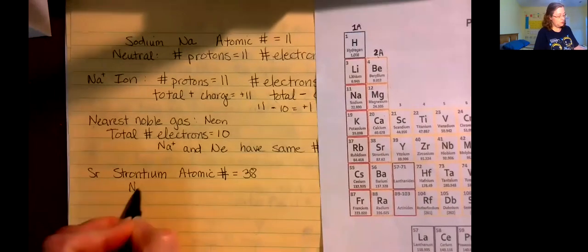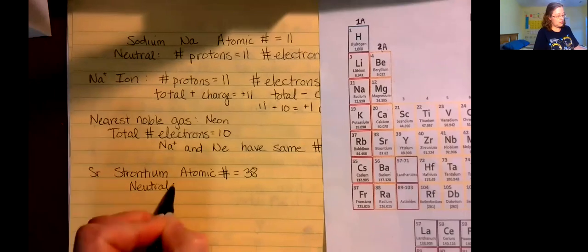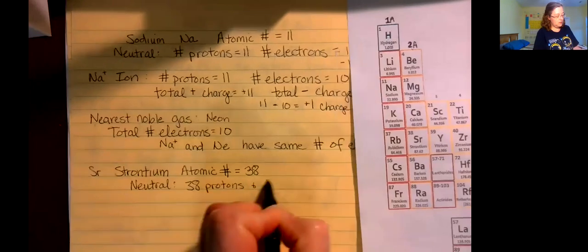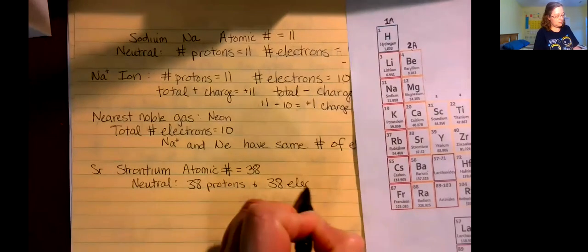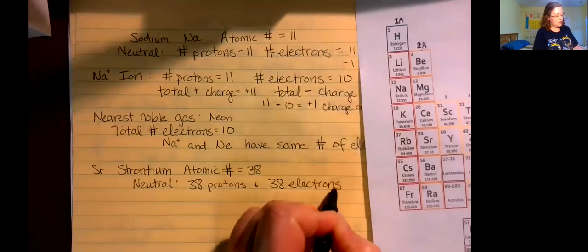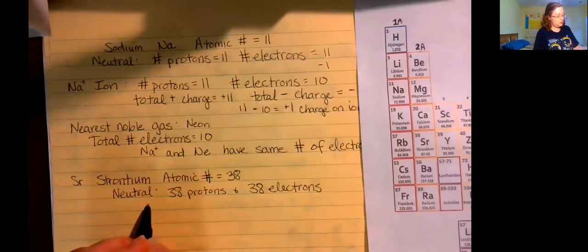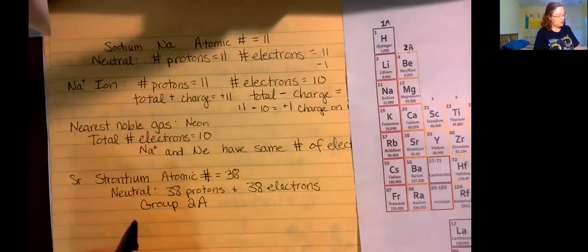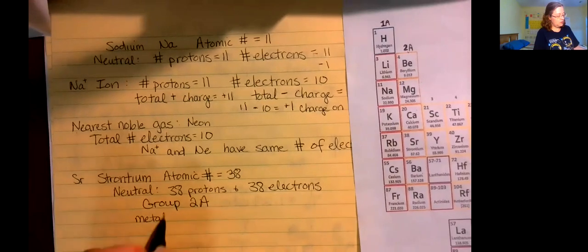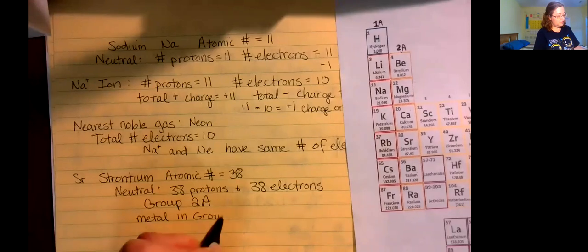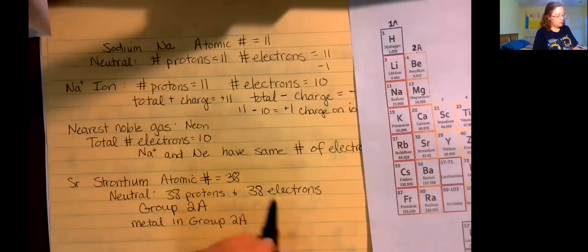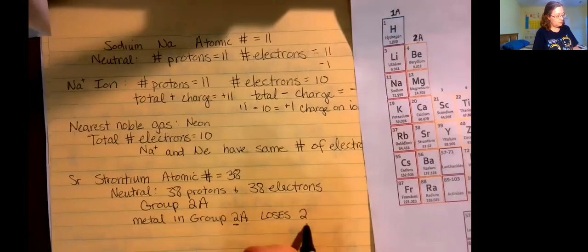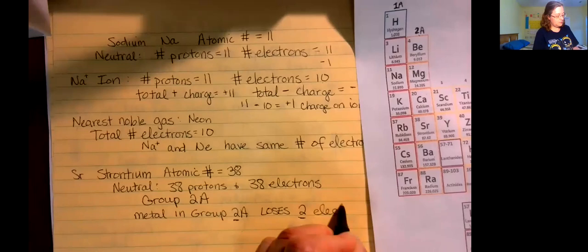When it's neutral, it's got 38 protons and 38 electrons. It's also in group 2A, a metal. A metal in group 2A loses 2 electrons.